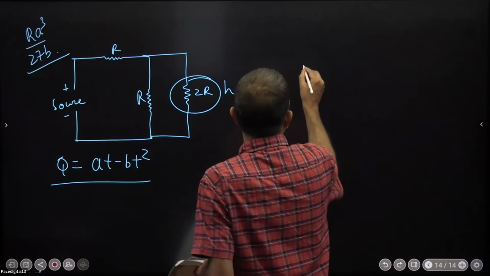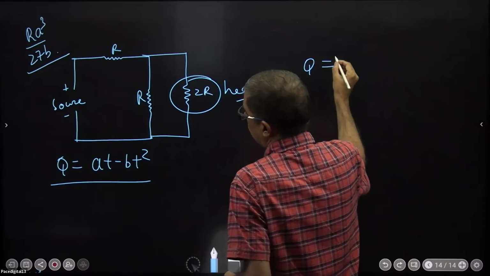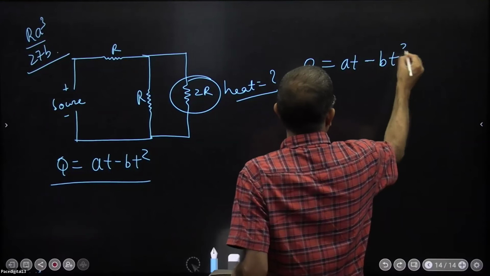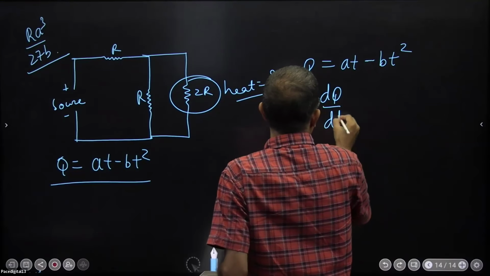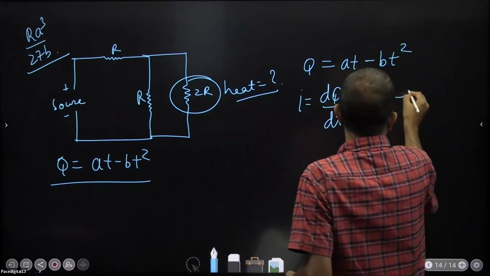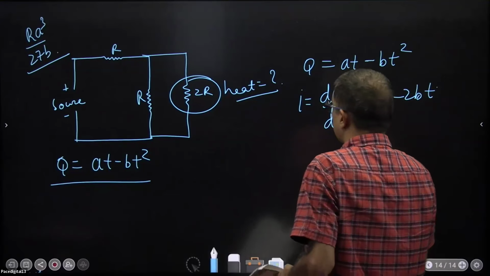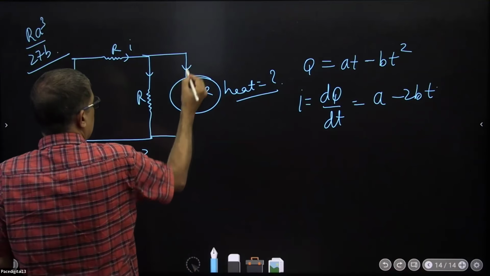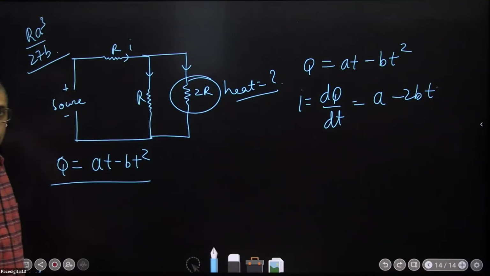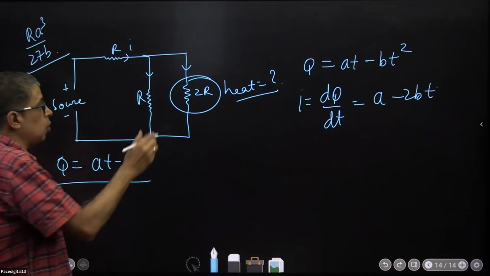Basically, Q is given as AT minus BT square. Current will be dq by dt, which is A minus 2BT. Now, if this is the current, you know how the current splits in the two, in inverse ratio.